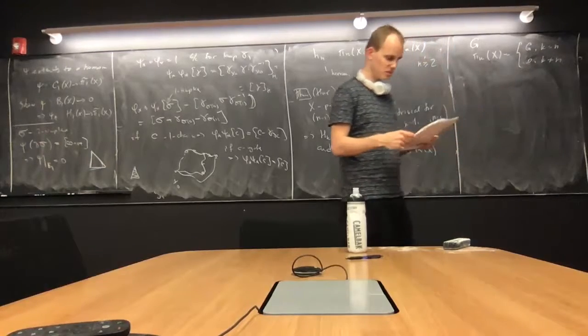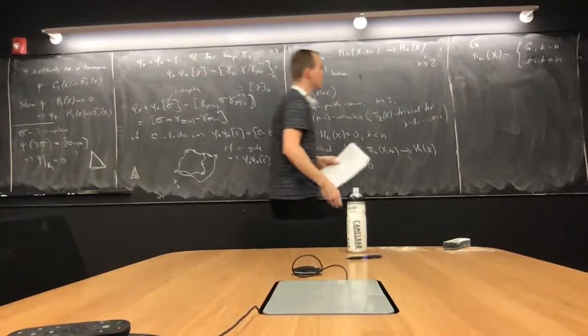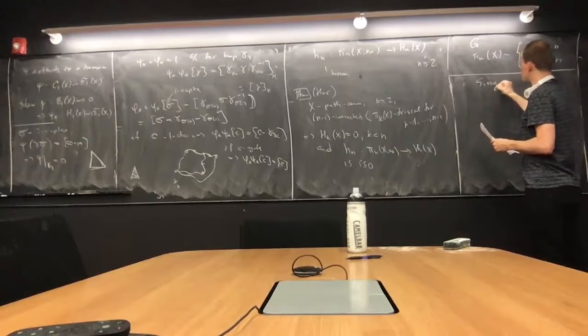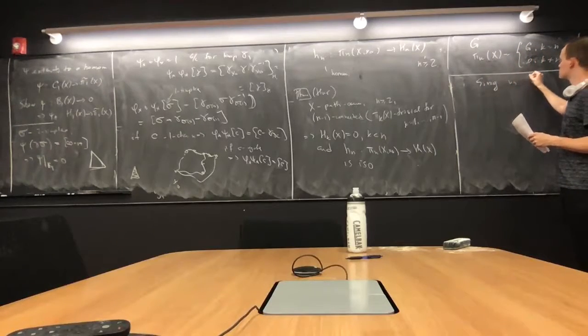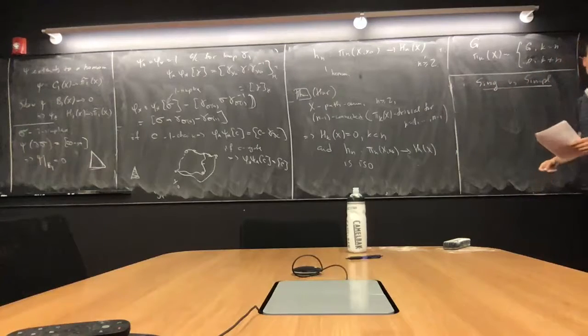Okay, so we have just a little bit to finish up general singular homology stuff. First of all, let's finish the debate of singular versus simplicial homology and establish that they are the same for triangulable spaces or simplicial complexes.